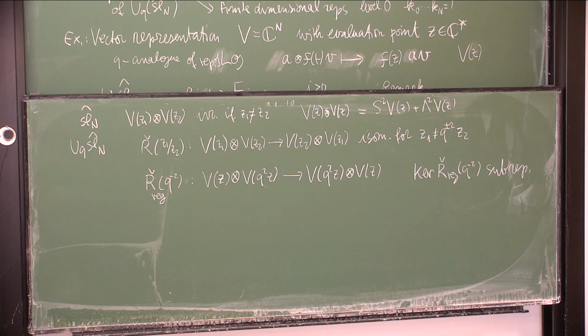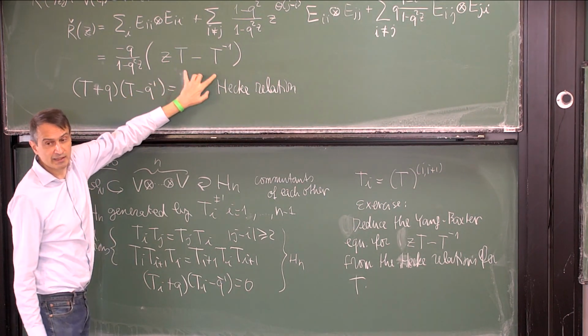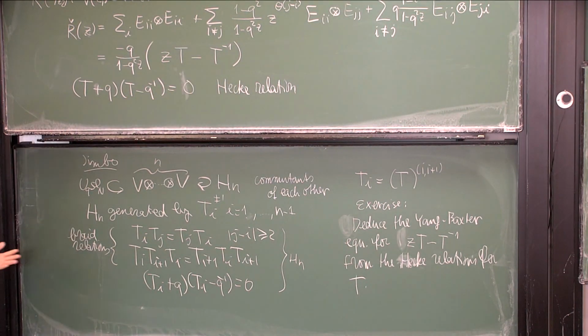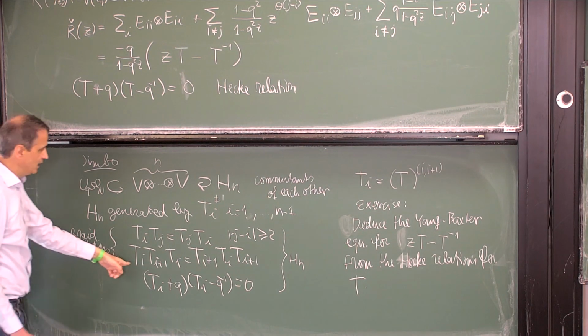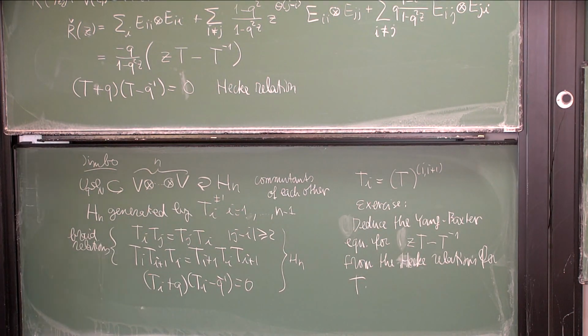In the finite dimensional case, we have a matrix, the braiding matrix, and these are matrices you get by sending this to 0 or to infinity. These are the braiding matrices of the finite dimensional. So this is really the braid representation of the finite dimensional.